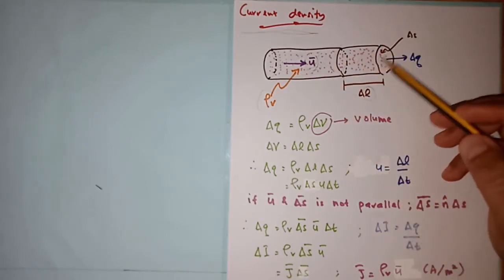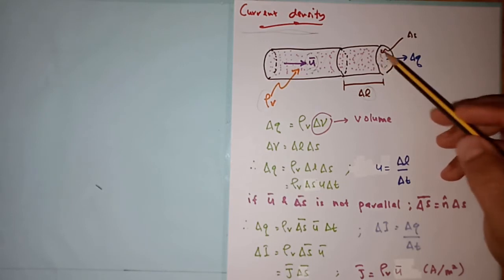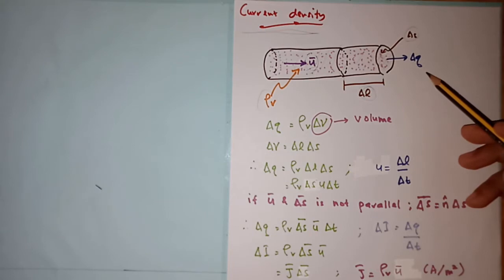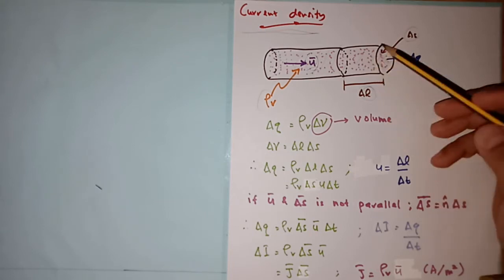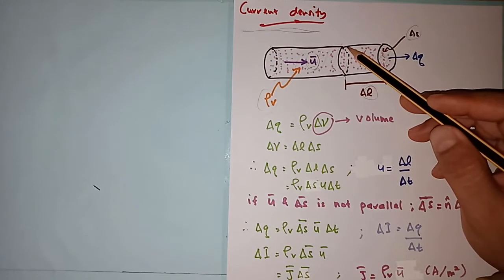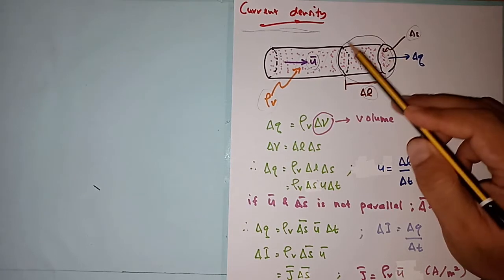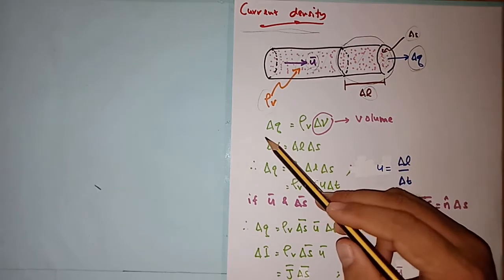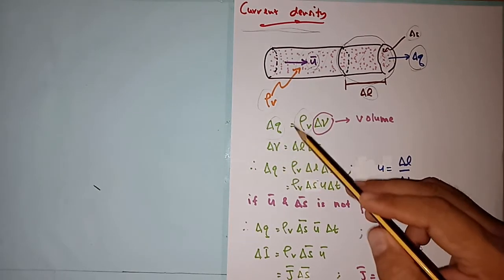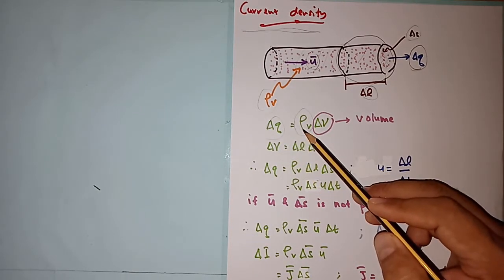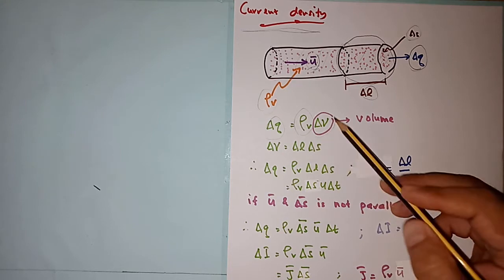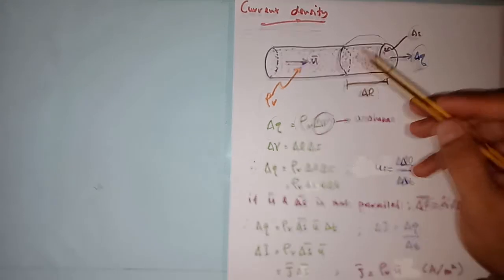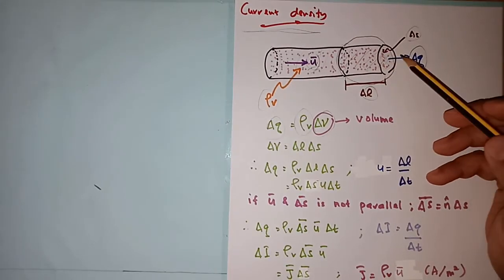So we will have the area of this conductor equal to delta S. By looking at this area, in order to find delta Q here, delta Q is equal to rho v, the volume charge density, multiplied by the volume. In this case, the volume is referring to the second part of this conductor.